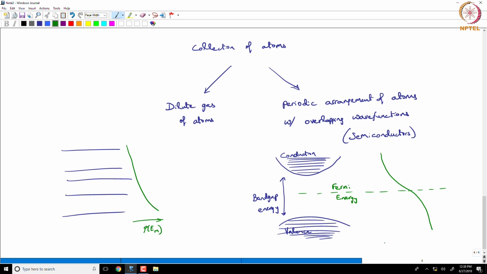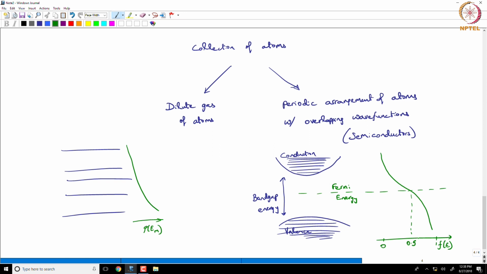If you are tracking f of E, the probability that an electron is occupying one of these energy levels, that is a value from 0 to 1 and has a value of 0.5 at the Fermi energy. That is how you define the Fermi energy.